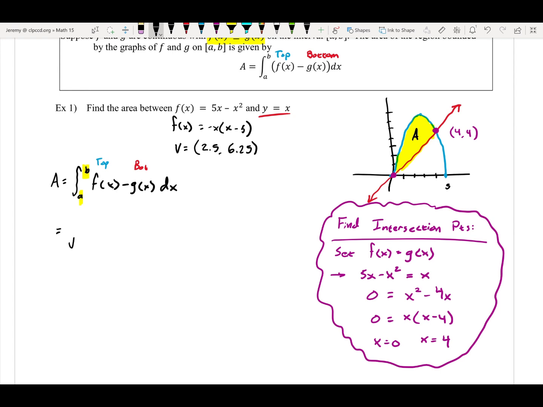So here's what we have. We have the integral from, now we know we're going from 0 to 4, of the top function, which we've confirmed by looking at the picture is f of x, so 5x minus x squared, minus g of x, which is just x, that's the bottom function, dx.